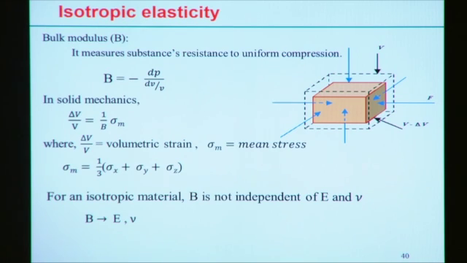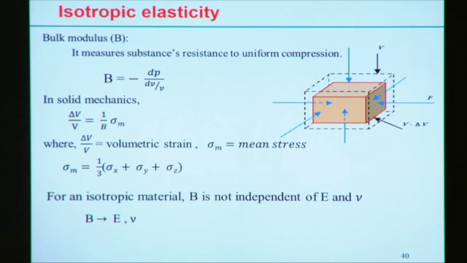The negative sign indicates, depending upon the direction of the stress, that there is a contraction of the volume with the application of this type of pressure or stress condition. In solid mechanics, delta V by V, the volumetric strain, is equal to 1 by B into sigma m. Sigma m is the mean stress, which is equal to one third of the sum of the stresses along the x, y and z directions.